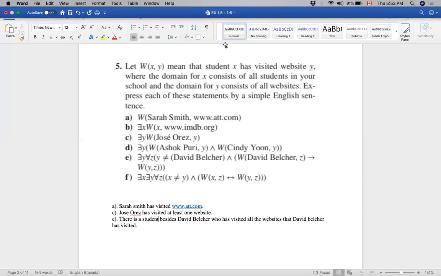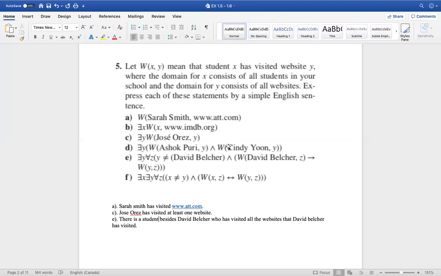Miss, what about the WYZ after the implication sign for 5E? Basically here, we only have two variables, right? If you see in the question, X and Y. But here we have a third variable, that's Z. And that comes into play when there is an implication.